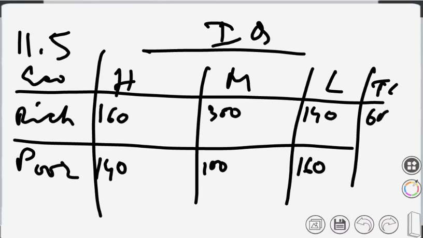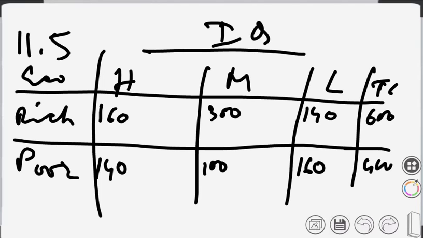So 600 rich students were spoken to and 400 poor students. So the data is like that. There are three levels of IQ. High, so 160 rich students have high IQ level, and 140 have low IQ level.